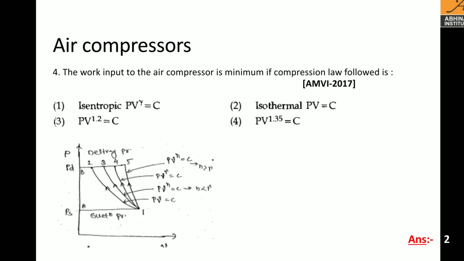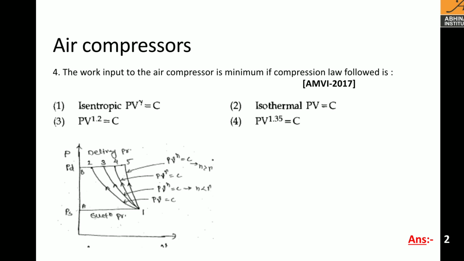Now to understand this, we have drawn here various processes. Like you can see, 1 to 2 follows PV equal to constant law. 1 to 3 follows PV raised to n equal to constant, but n is greater than 1 and less than 1.4.